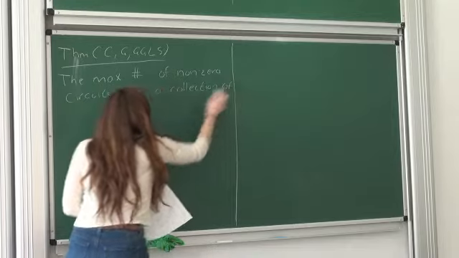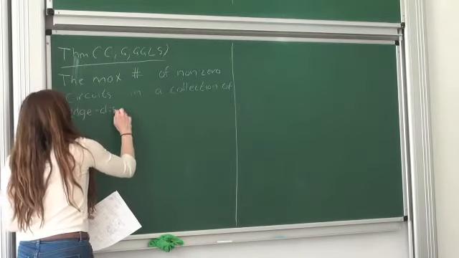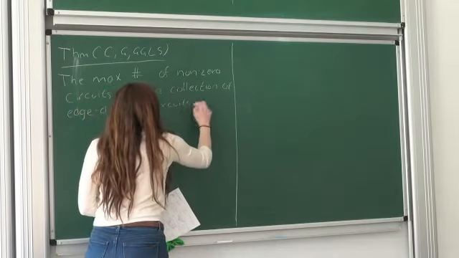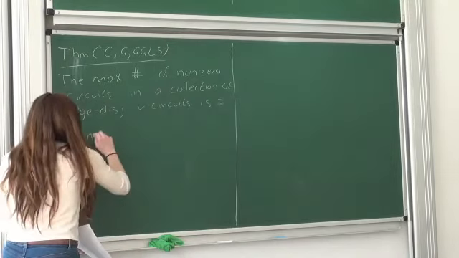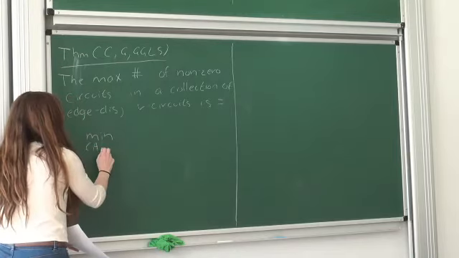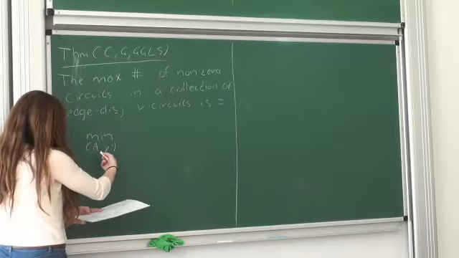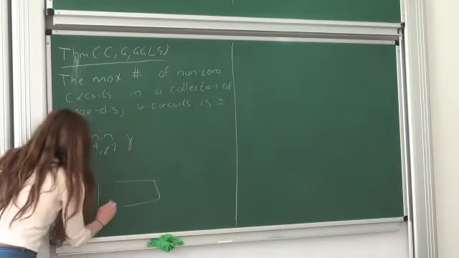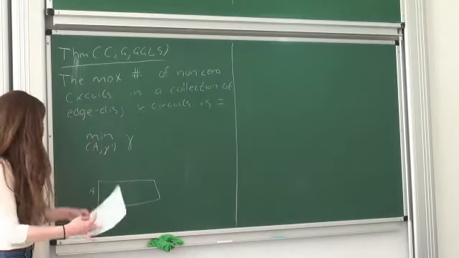The maximum number of non-zero edge disjoint B circuits is equal to the minimum over all sets A of vertices that contain B and all shiftings gamma prime of gamma. Right, so here's B, here's my set A. I'm working with respect to some shifting.